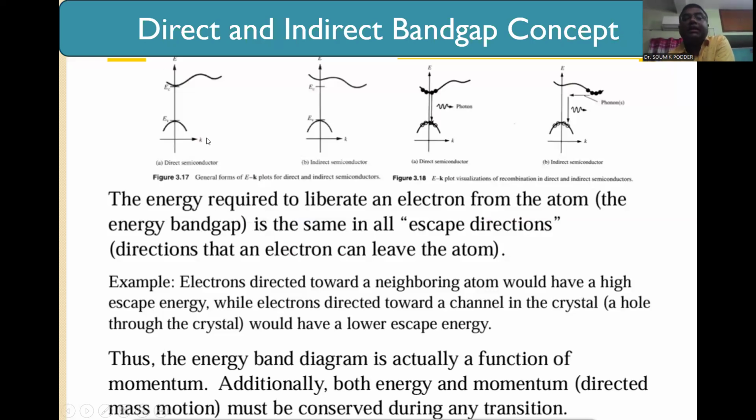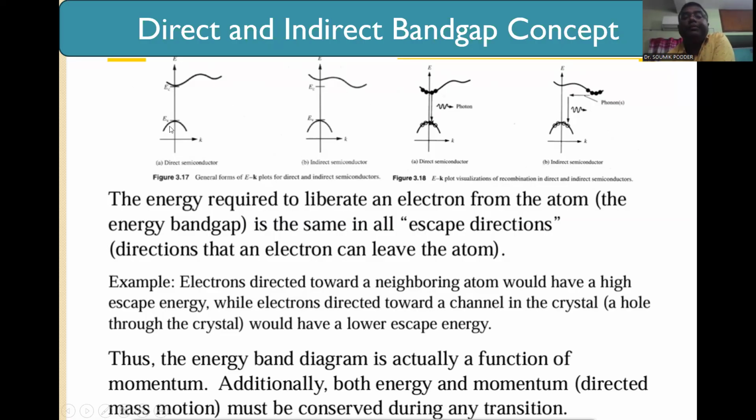It comes from quantum mechanics, or we can say the wave particle duality theory. So K is the wave vector; for a fixed K, the minima of the conduction band and the maxima of the valence band will be at the same point.